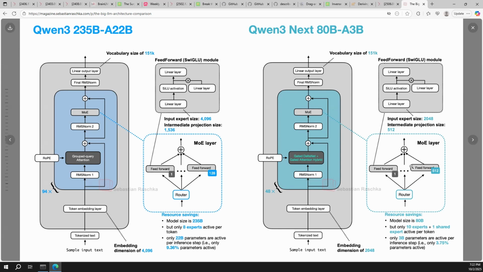So here's where you can have a lot of capacity, but still have very fast inference because most of these experts are not used in any one given forward pass. The other way they shrunk it, you can see, is it's half the layers. It went from 94 to 48. Smaller model dimension.